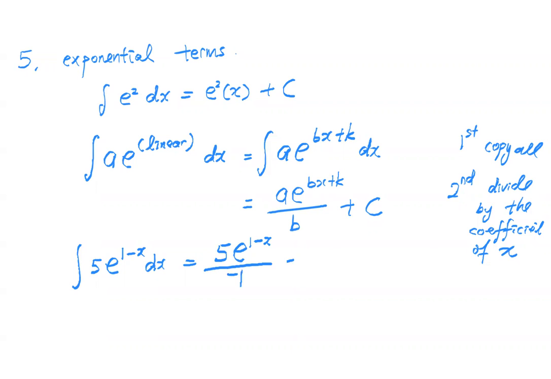Negative 1, plus c. So it will be negative 5e to the power of 1 minus x plus c. I didn't say it cannot be 0. Oh, the b cannot be 0. If b is 0, it will become a constant, so it will follow the earlier rule.